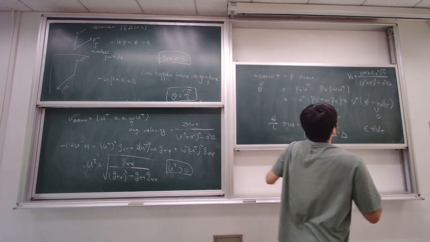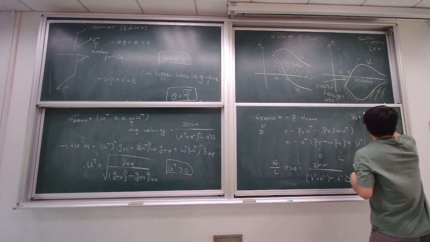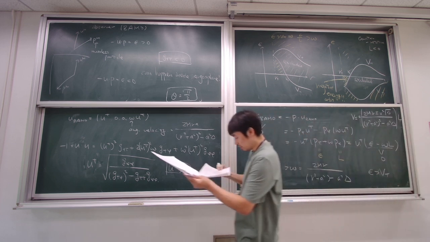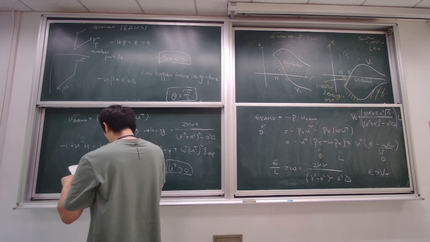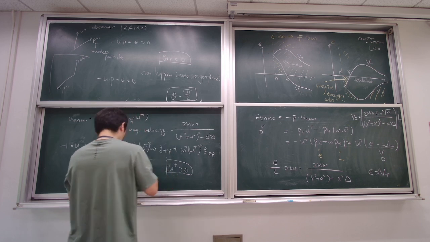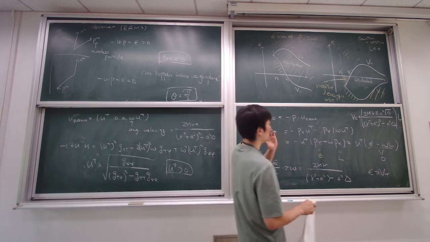Sorry, in addition to that, I have to multiply L. Sorry, that's why I made a mistake. I hope the dimension is okay. Where is it written in my lecture? Yeah, it's correct. So okay, it's okay.